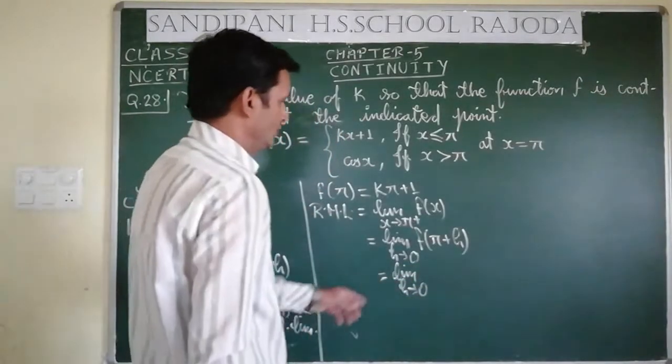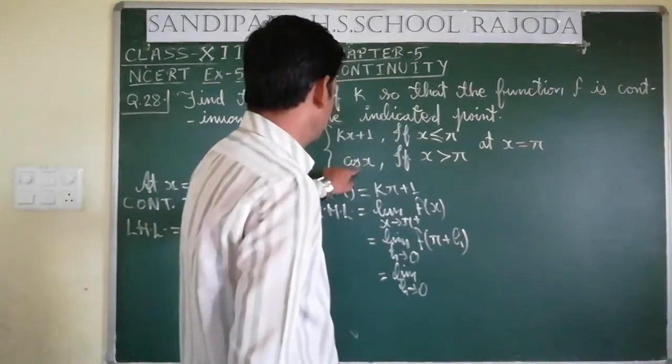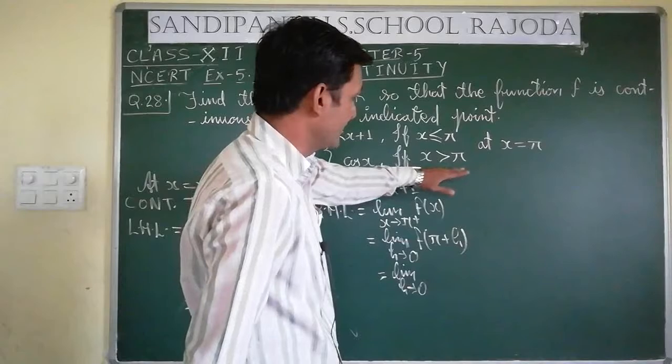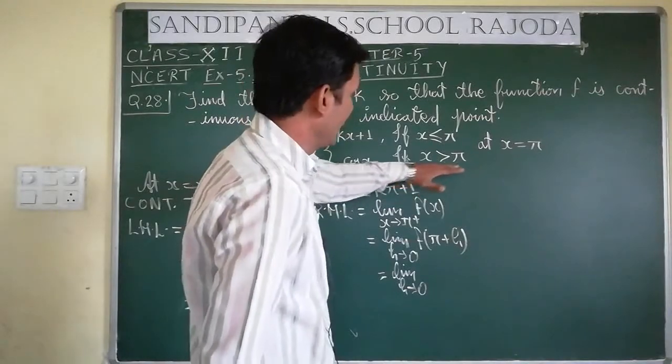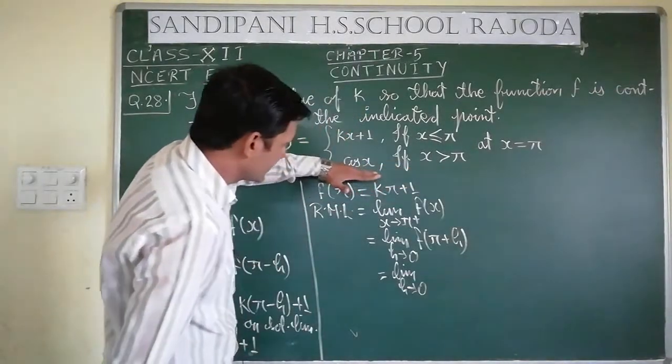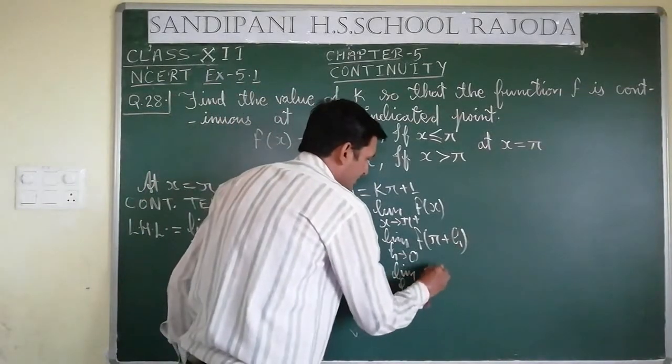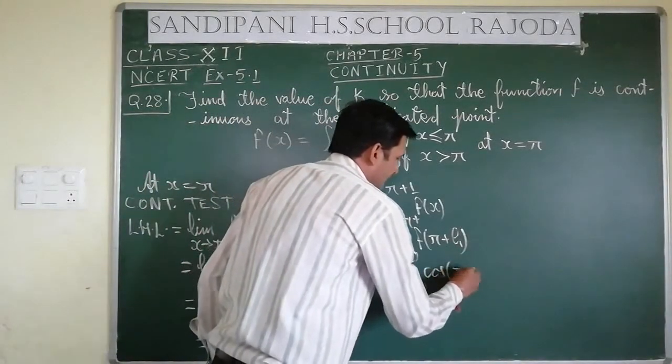Now we have to write pi plus h here. Why is it so? Because here it is clearly mentioned that for greater than pi, RHL we have to discuss in this part of the function. So it will become cos of pi plus h.